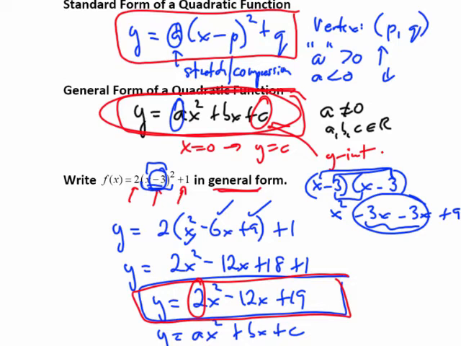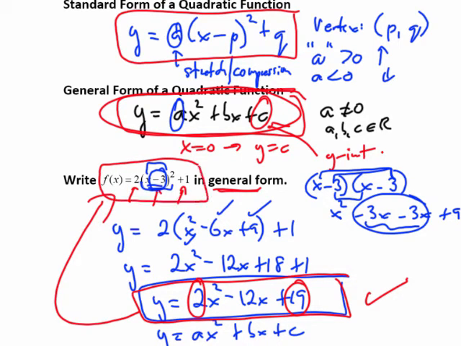It's skinnier than normal because a is more than 1. The y-intercept of the graph is 19, but I don't know the vertex. But if I look back at this equation, which is the standard form, these two are obviously the same. They're algebraically equivalent. In the standard form, I can see the vertex.